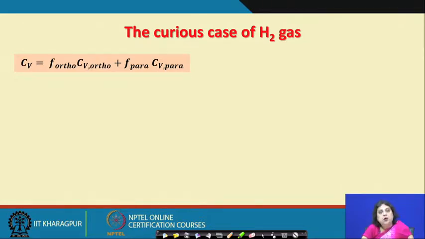to be the overall specific heat of molecular hydrogen gas present at a given temperature confined within a volume. So, as you see, that would be given by the fraction of the ortho hydrogen multiplied by whatever is the prediction of CV for the ortho hydrogen as obtained from the Q nuclear, plus the corresponding quantity from the para hydrogen.